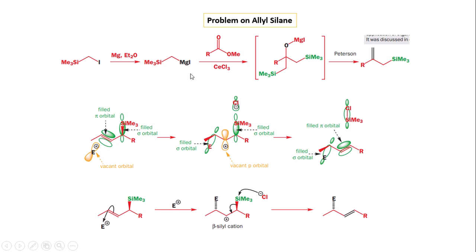And this allyl silane can be formed by the simple reaction of trimethylsilylmethyl iodide, as a Grignard reagent, with esters.